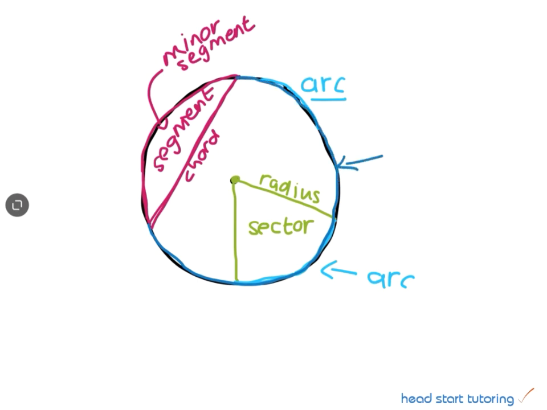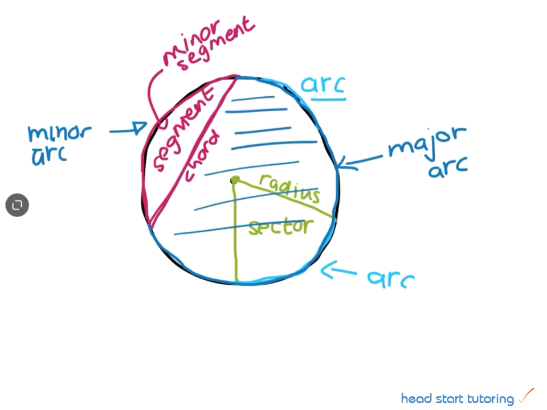So that big arc there is called the major arc. And this smaller arc here will be the minor arc. And this is the minor segment because it makes up a smaller part of our circle than this area here. So that would be called your major segment.